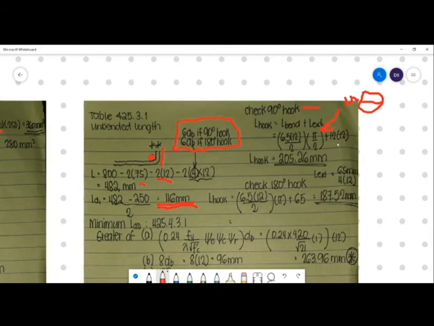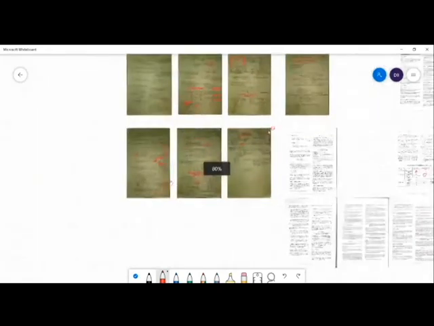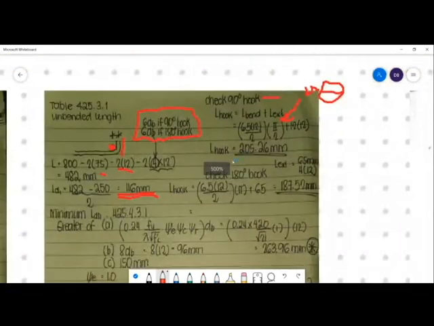That 12 times 12 is the length of extension written from here. So L extension is equal to 12 dB for a 90-degree hook. Okay, our length of hook is equal to 205.26 millimeter.